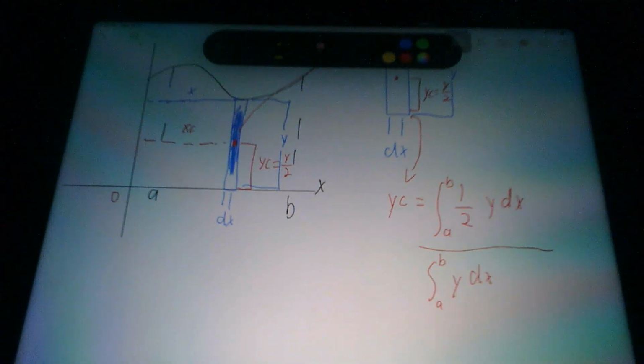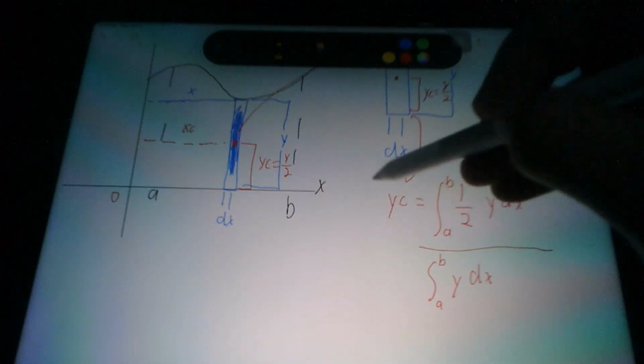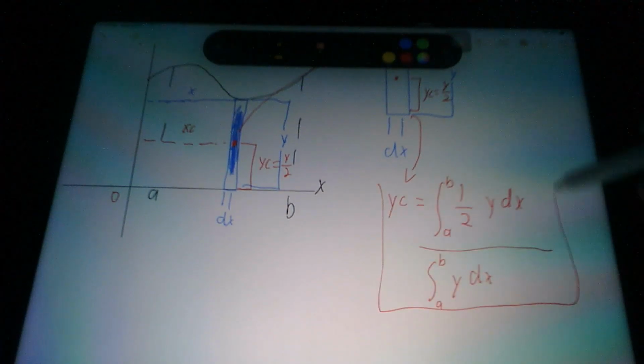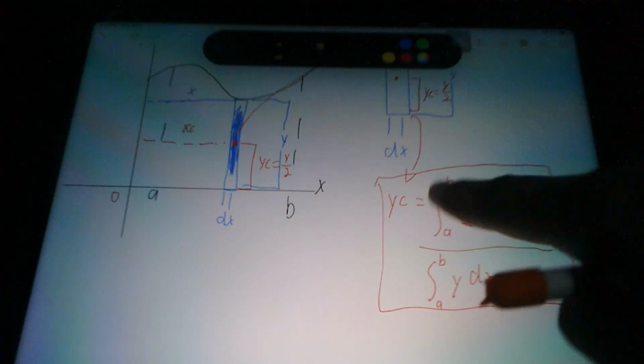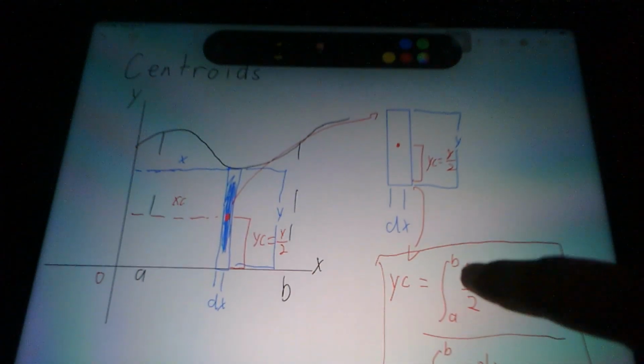So this is our formula for the centroid under yc.